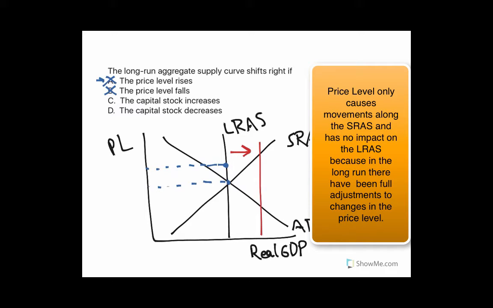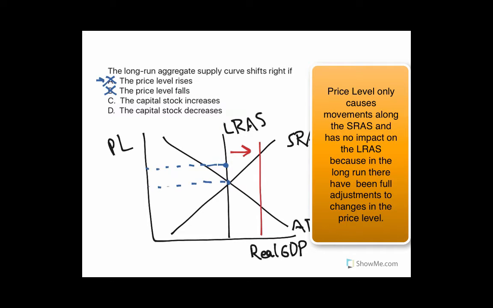Now, long-run aggregate supply is the natural level of output the economy can produce. So it just sort of makes sense that if capital stock increases, basically workers can be more productive because they have more capital to use, and there are more machines and such to produce goods.